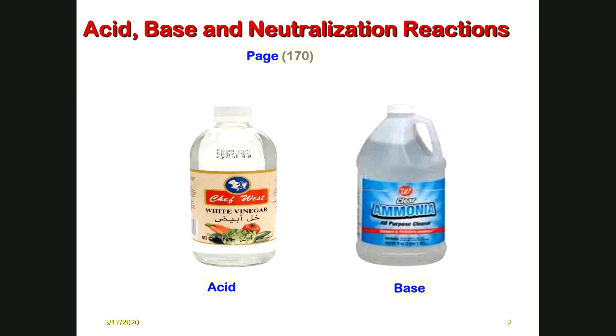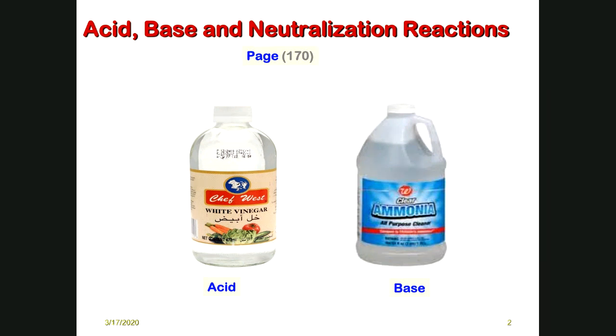It's vitamin C, ascorbic acid. But the noticeable thing is that all of them are sour. Most of the fruits we eat which are sour actually contain acids, because acids are sour in taste.